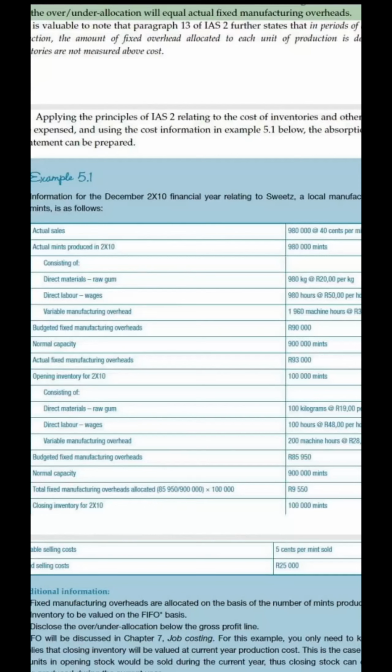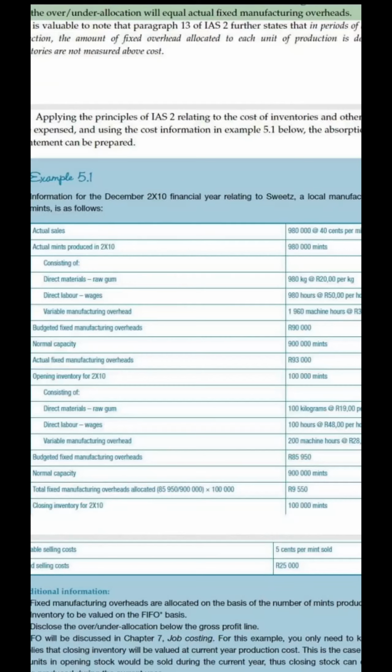Then if you divide that total by 980,000 means, that gives you the cost of direct materials per unit. But it depends on what the question wants. Sometimes the question requires the calculation per unit, sometimes you need it in totals. So you just need to be versatile to move from one to the other.